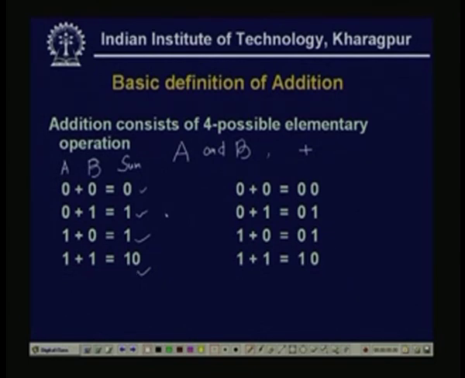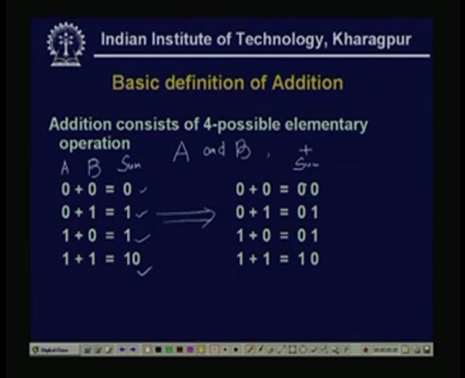Now, if we express this sum by 2 bits, because 1 plus 1 is 1 0, the remaining 3 we can represent by a single bit. So if we represent this by 2 bits, the sums are 0 0, 0 1, 0 1, 1 0.